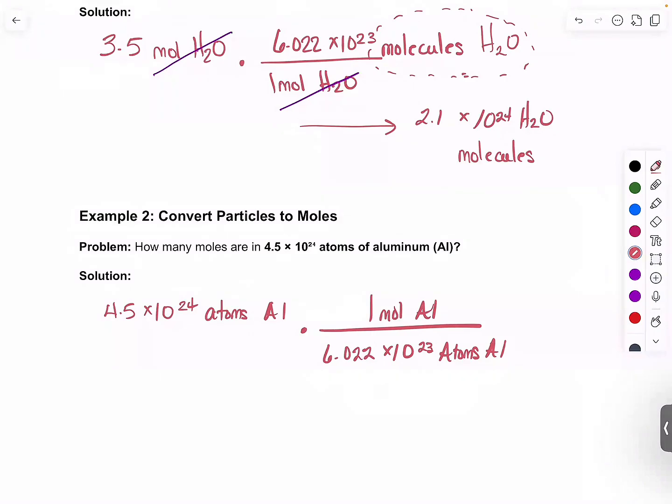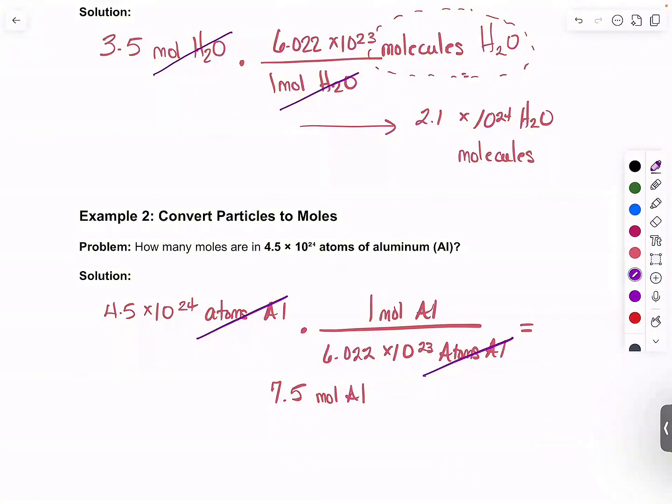We take our given quantity, the 4.5 times 10 to the 24th, and divide by Avogadro's number, and we'll get roughly 7.5 moles. Perfect. So the first one we multiply, the second one we divide. You multiply to go out from moles, you divide to go back in.